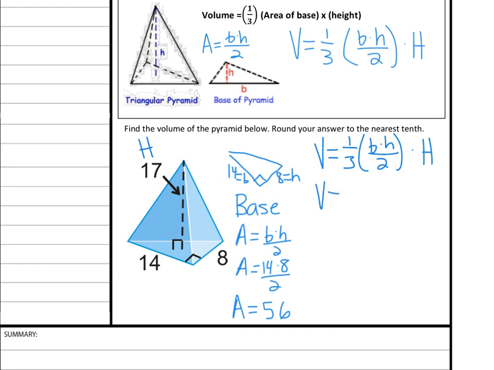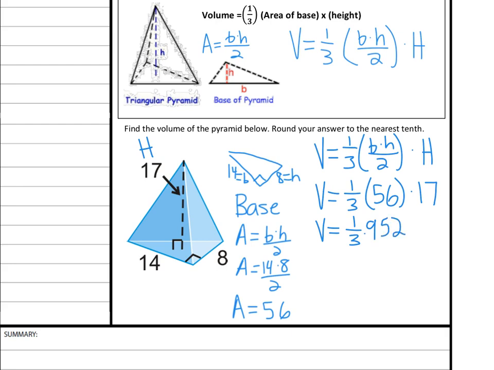So I can rewrite this and say 1/3, and we found the area of the base triangle already. It was 56, and the height of the pyramid is 17. So I'm going to do 56 times 17 next and get 952.